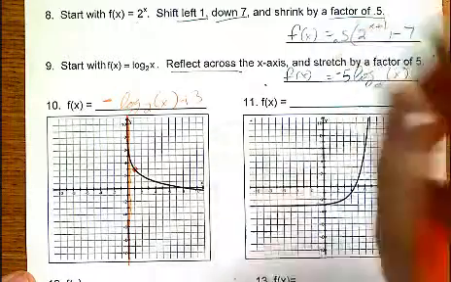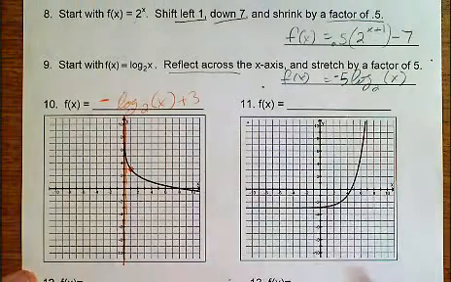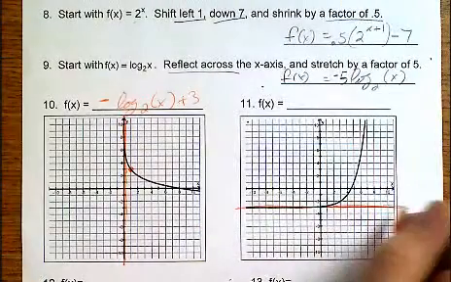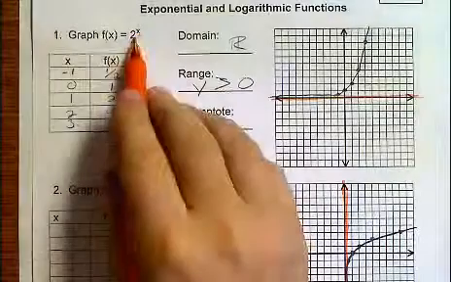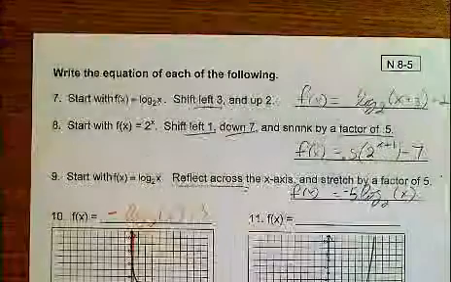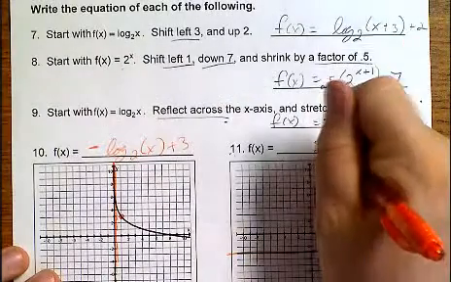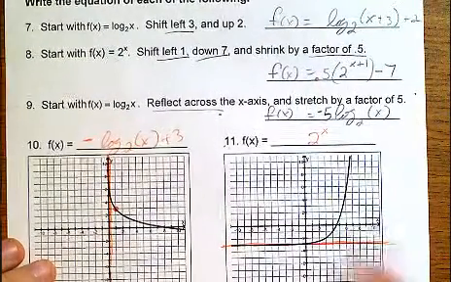Let's go ahead and move on to number 11. We find our asymptote is horizontal, which means that this is an exponential. So 2 to the x. We got to find our first point.